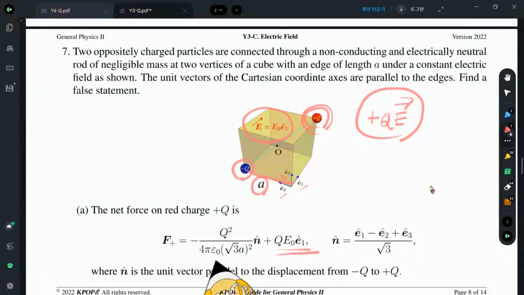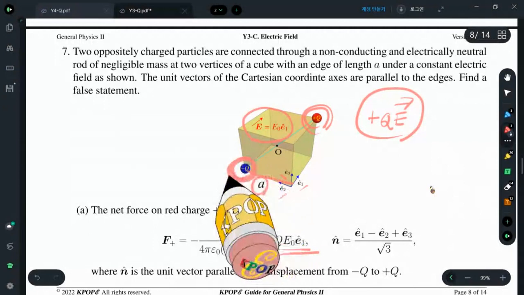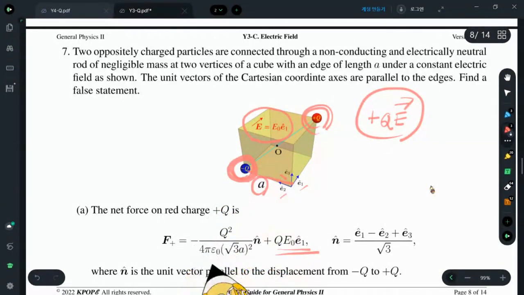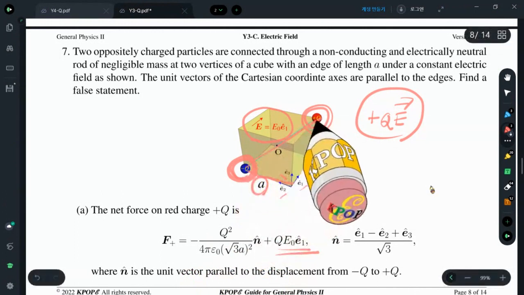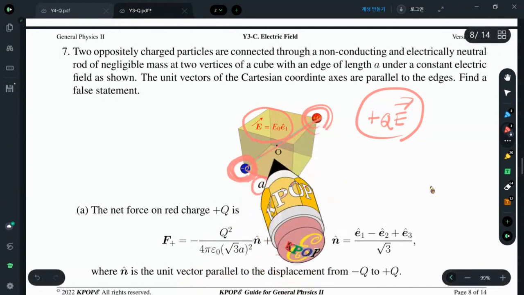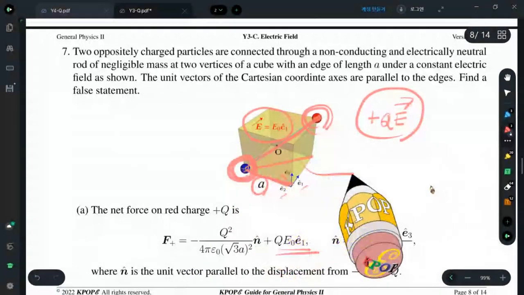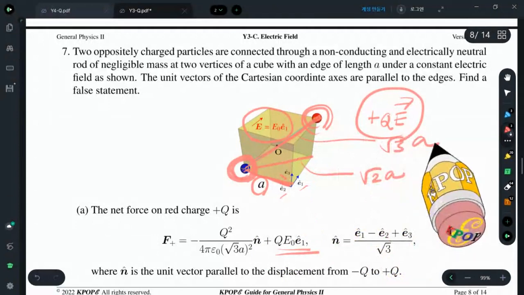And in addition, the electric field due to the blue charge can be computed by 1 over 4 pi epsilon 0 and the product of two charges, that is minus q squared, and the distance. This is a, this is square root of 2 a, and this is square root of 3 a.